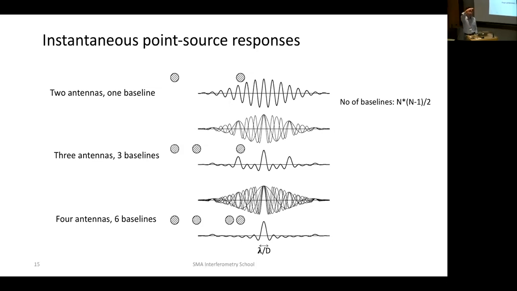No, in this case, you can think of it as you're taking an image. Your source is directly at your phase center. So the waves are parallel waves, and the image of it is that the power of that source gets spread out in different directions. Okay, got it. All right, thank you.